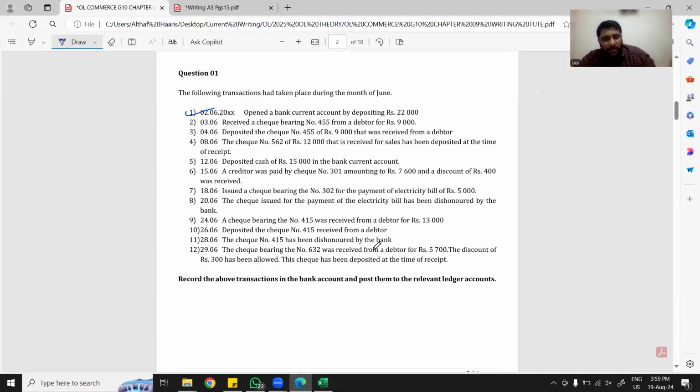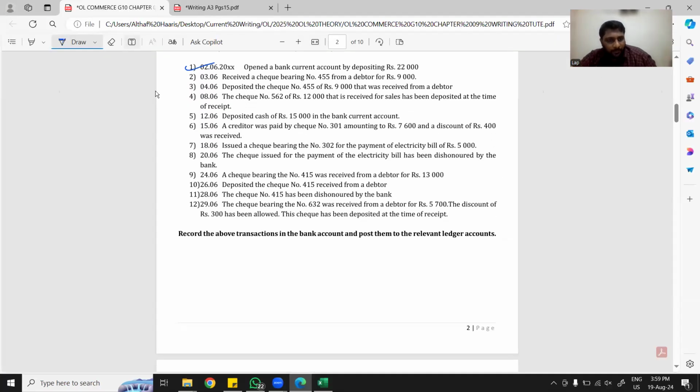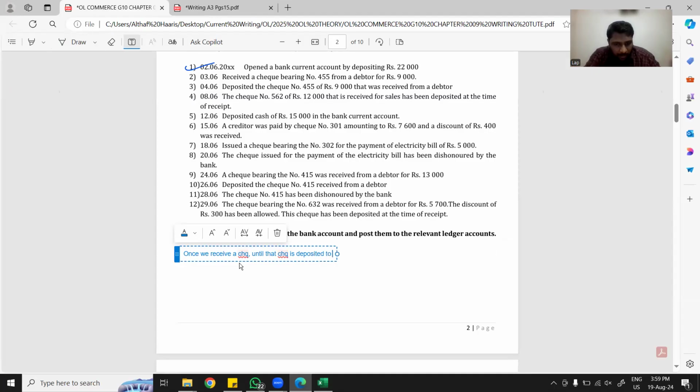Write down this note, people. Once we receive a check, until that check is deposited to the bank, we should consider that as cash in hand.